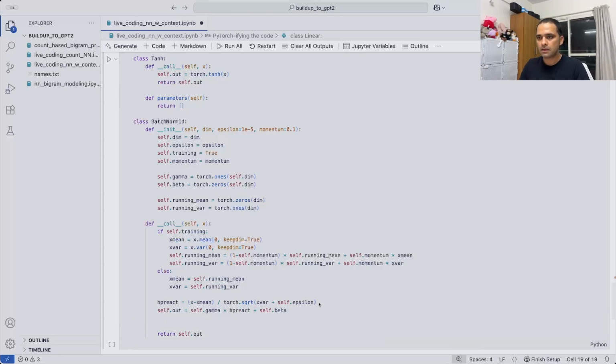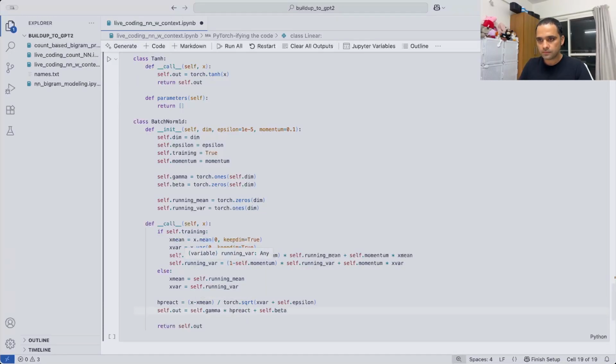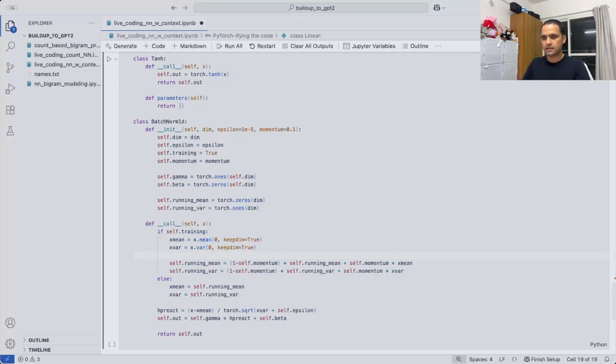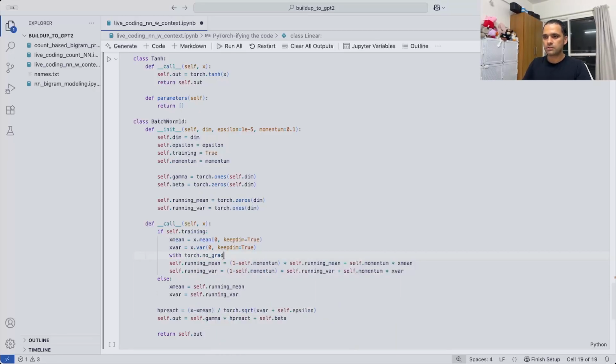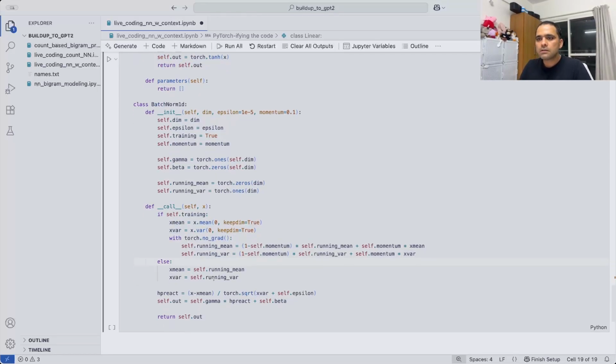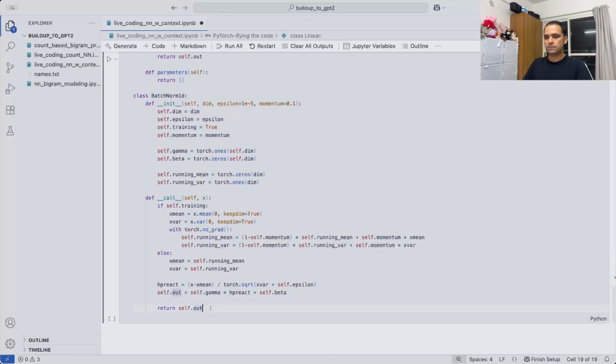But before that, one more thing we should do: while updating the running mean and running variance, we should use with torch.no_grad(), because these are not trainable parameters and we can ignore them when storing gradients. So yeah, this will be done.